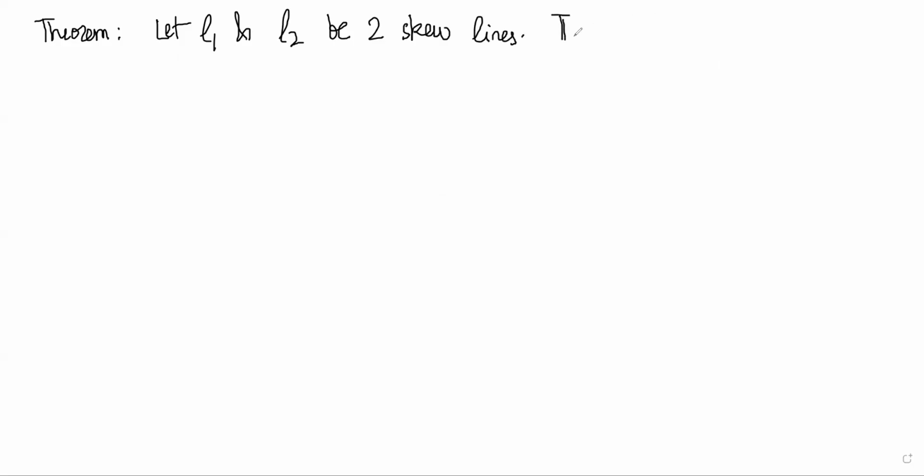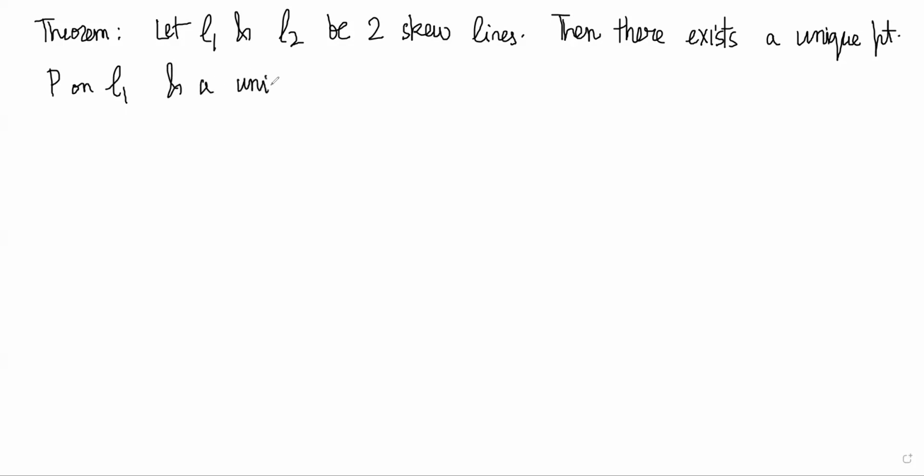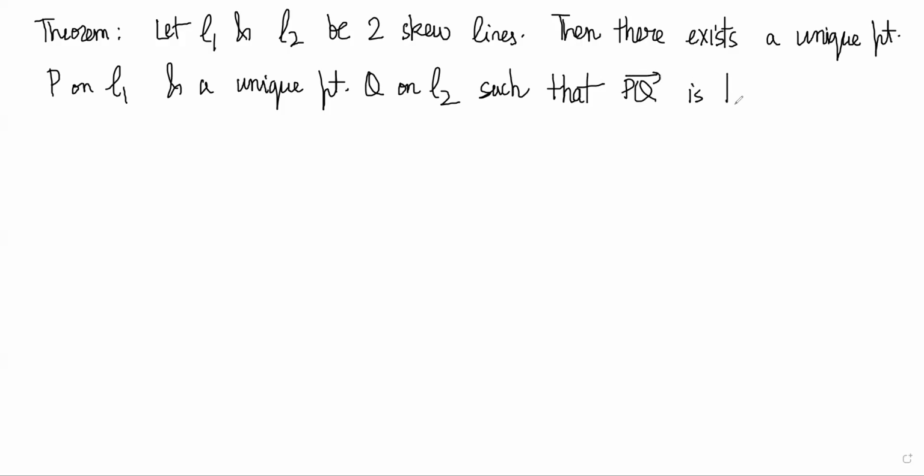Then there exists a unique point P on L1 and a unique point Q on L2, such that the PQ vector is perpendicular to both L1 and L2.